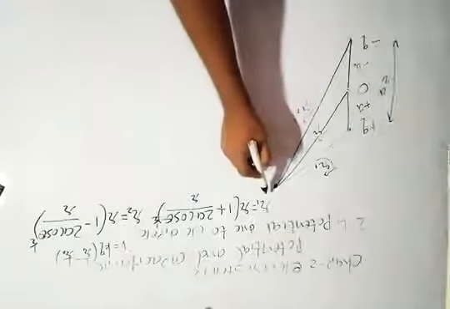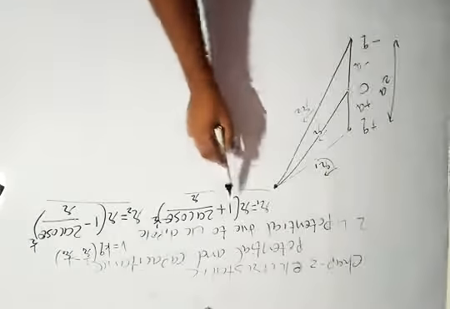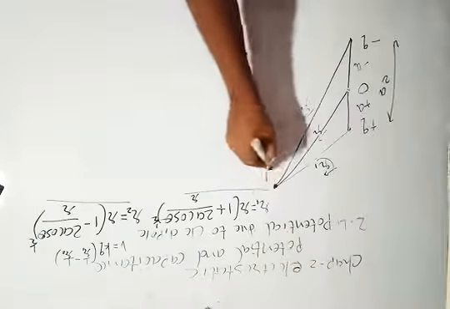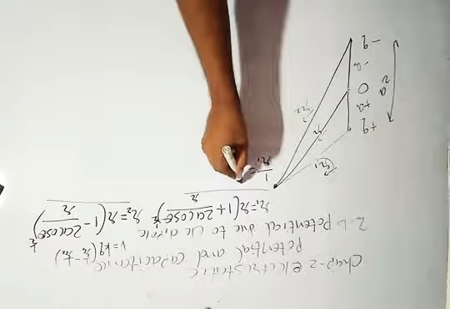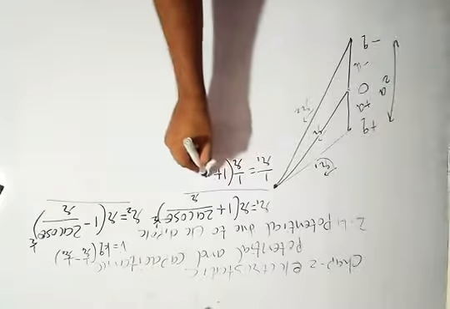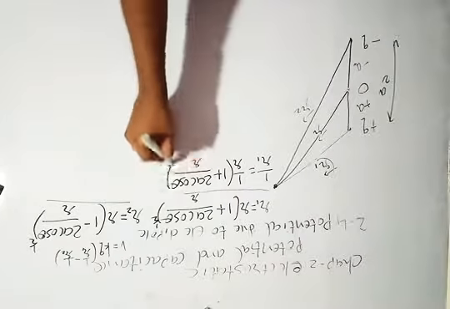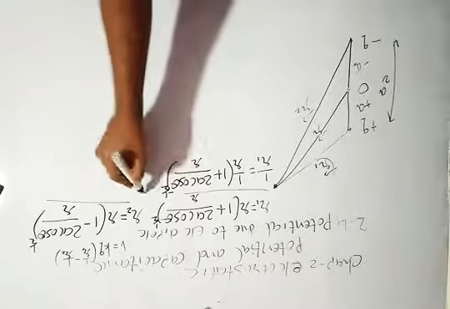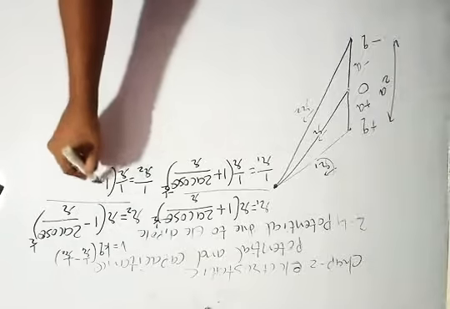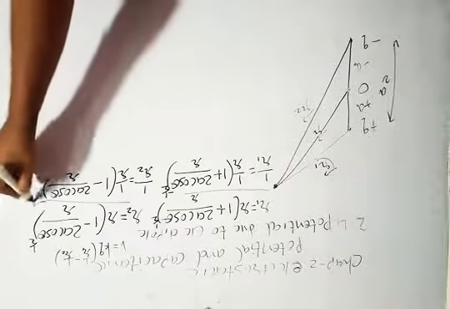So here we are left with these two equations, r1 and r2, but we have to find the reciprocal of r1. So 1 upon r1 is equal to 1 upon r into the bracket 1 plus 2a cos theta upon r, raised to minus 1 by 2, and 1 upon r2 is equal to 1 upon r into 1 minus 2a cos theta upon r, raised to minus 1 by 2.